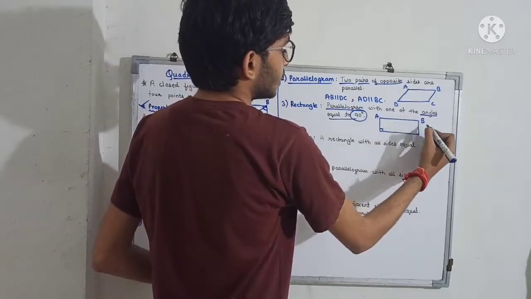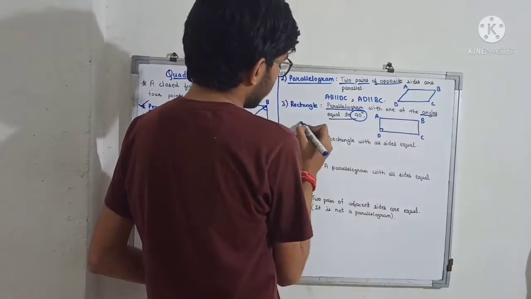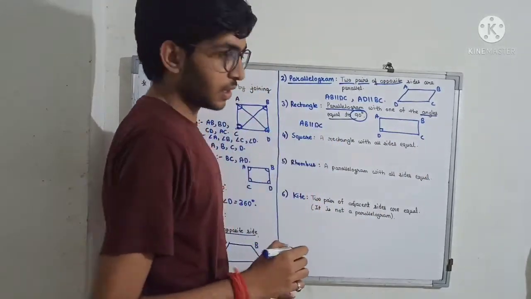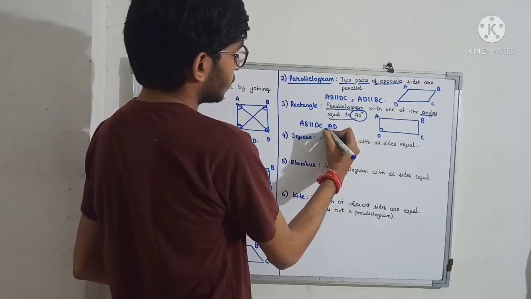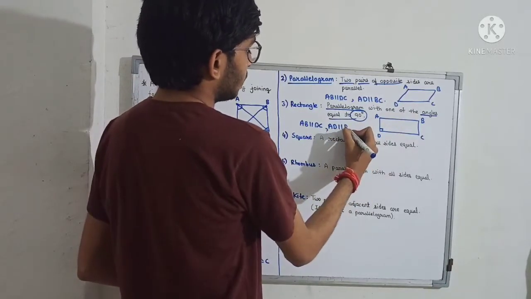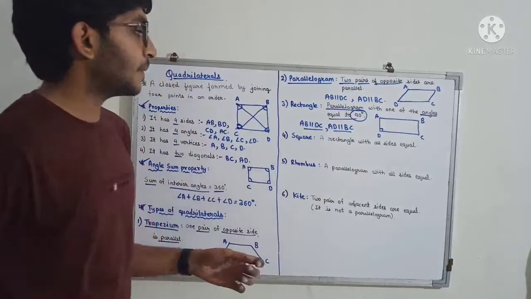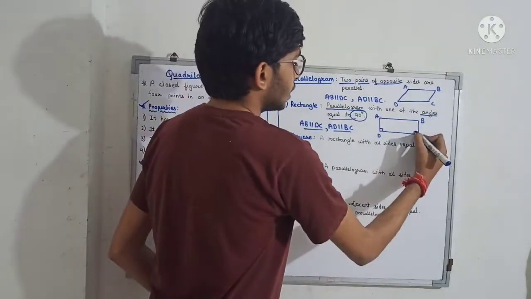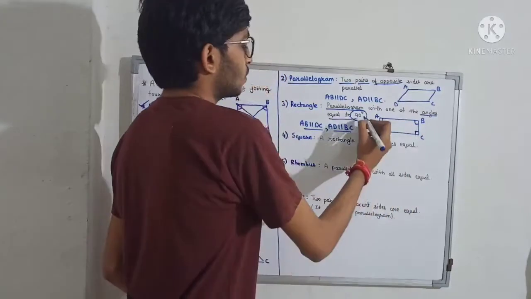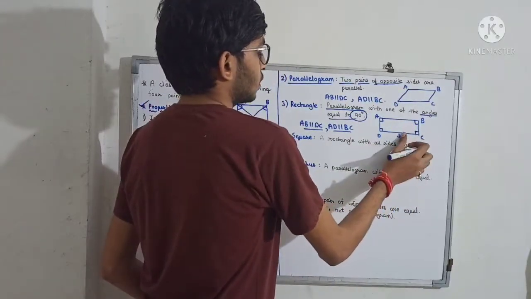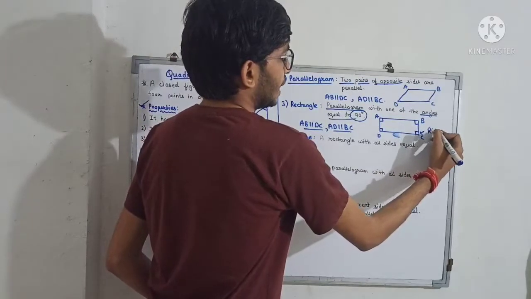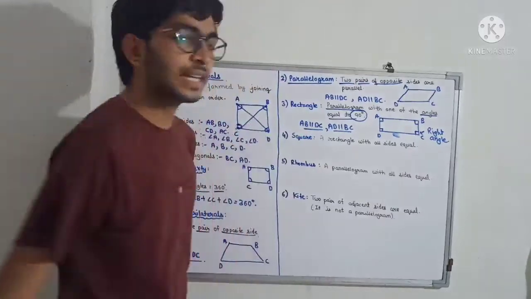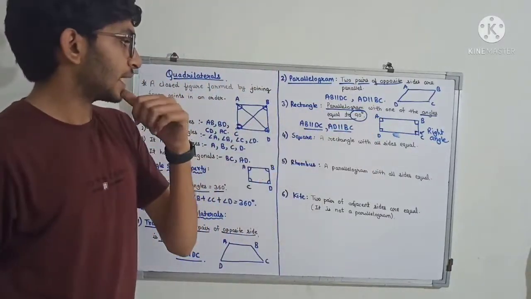In this figure ABCD, AB is parallel to DC and AD is parallel to BC. So two pairs of opposite sides are parallel and hence it is a parallelogram, and these angles are right angles. A right angle is equal to 90 degrees. Then this figure is called a rectangle.